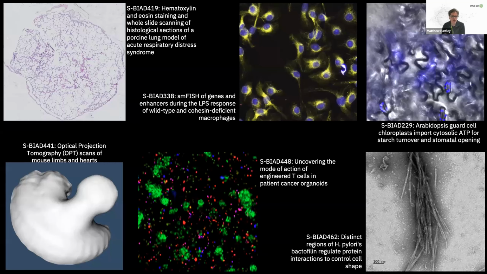And we take data not only from many different imaging modalities, but data that are used for lots of different types of biological investigation. So many different organisms, many different areas of research. I think everything on this slide is a slightly different type of microscopy and also a different organism of interest.